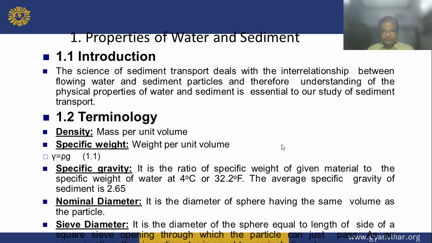Specific gravity is the ratio of the specific weight of a given material to the specific weight of water at 4 degrees centigrade or 39 degrees Fahrenheit. The average specific gravity of sediment is 2.65.